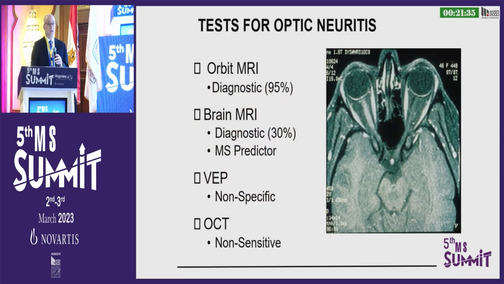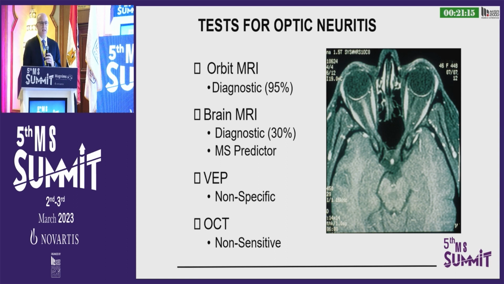When we want to test for the presence of optic neuritis, the most sensitive test is an orbital MRI, where about 95% of patients will show an acute T2 or T1 gadolinium-enhancing lesion, as can be seen here in the right eye.